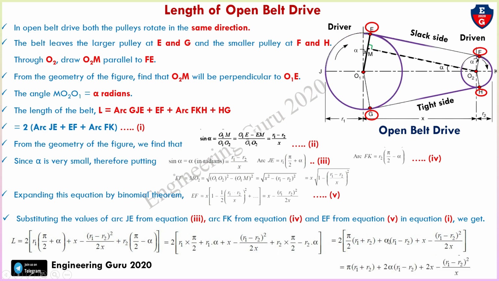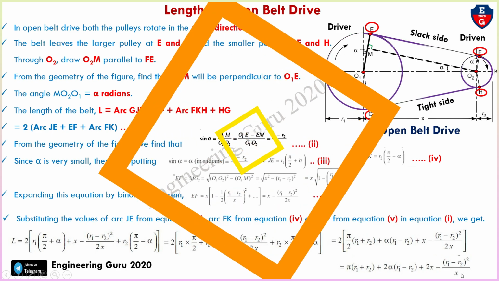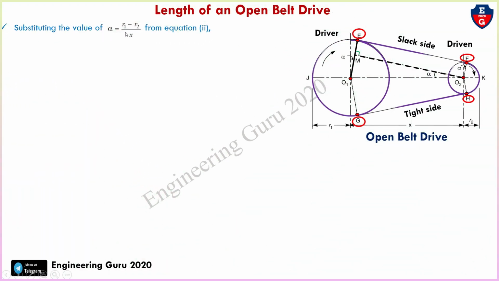So 2 enters in this whole term, so we can simply write this 2 cancel. So we can write pi (R1 plus R2) plus 2 alpha (R1 minus R2) plus (R1 minus R2) whole square divided by X. Substituting the value of alpha, (R1 minus R2) divided by X, from equation number 2.